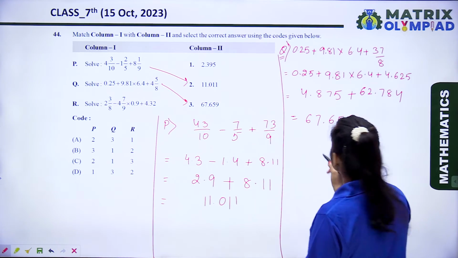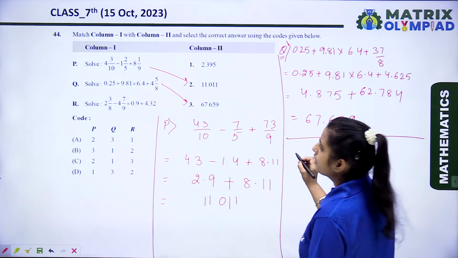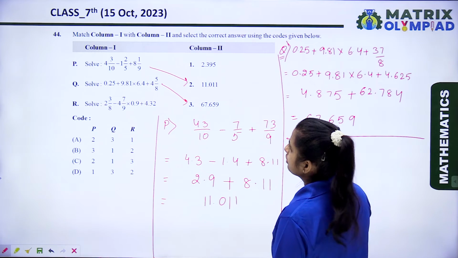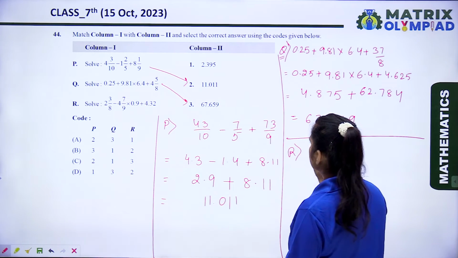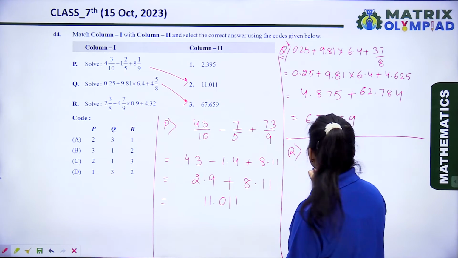Now for the next, that is R, here we get 19 upon 8.